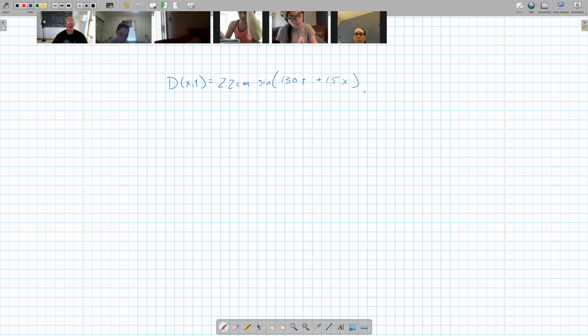Okay. So my first question to you, even though it doesn't ask this in the question, is what direction is this wave moving? Is it moving to the right or is it moving to the left, based on what we just talked about?